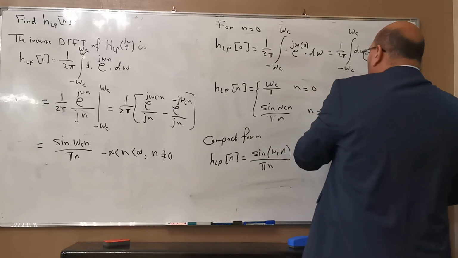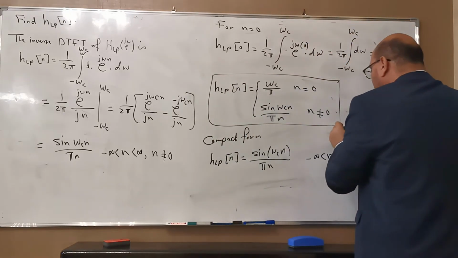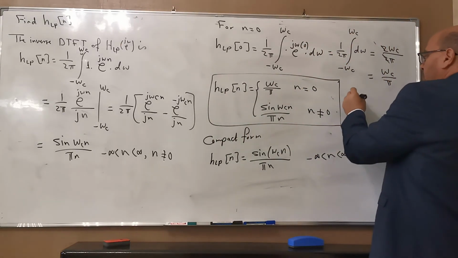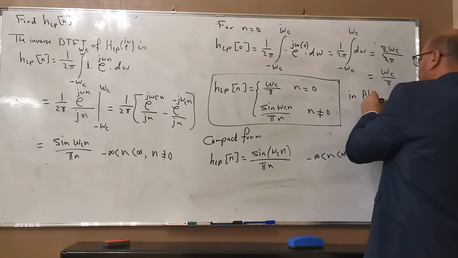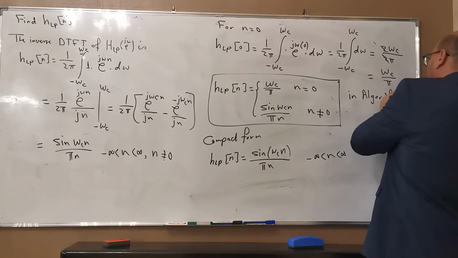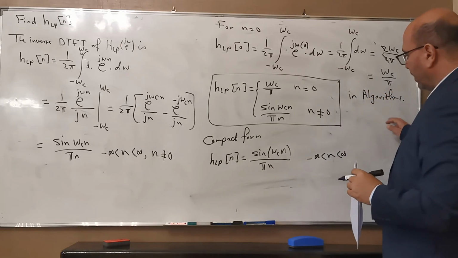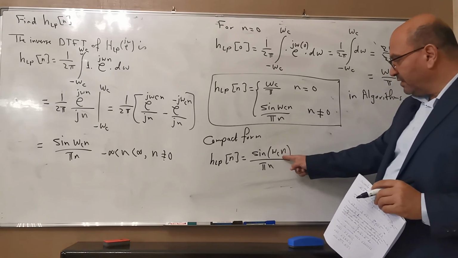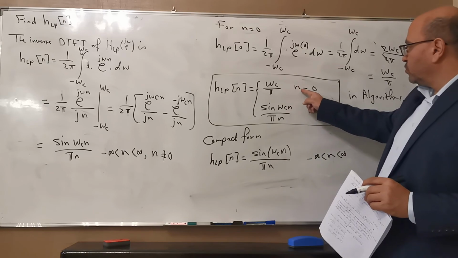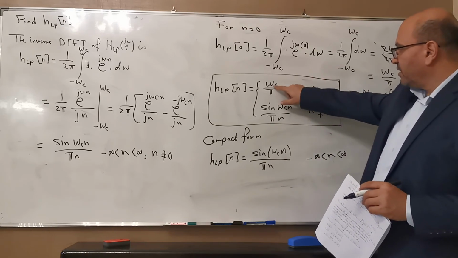We use this in computers, in software and algorithms. If you want to apply an algorithm and you put this form, then this one will give you a problem at 0 when the index is equal to 0. So you have to go for the 0 and define it here.